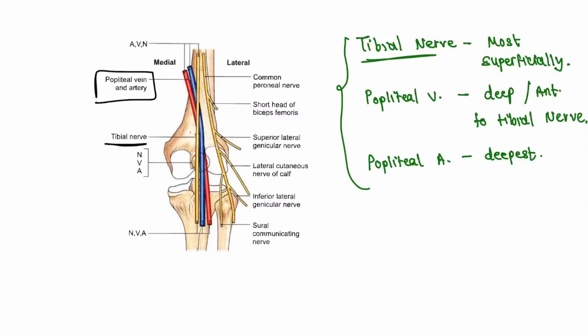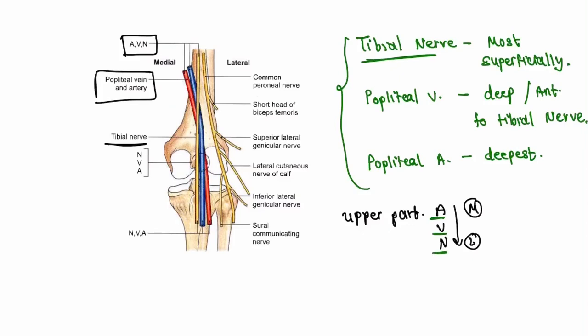Now you can remember this by understanding that in upper part it is AVN, from medial to lateral. In upper part there is artery, then vein, and then nerve.